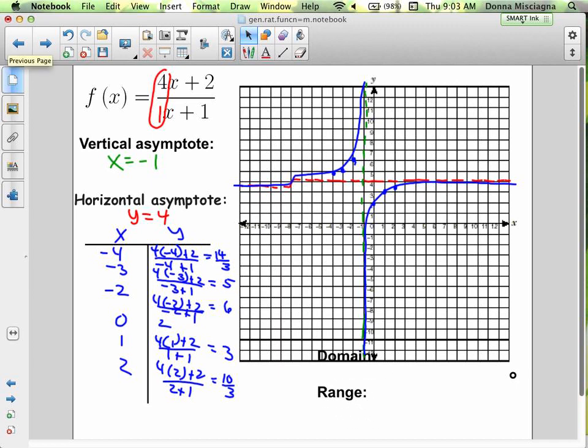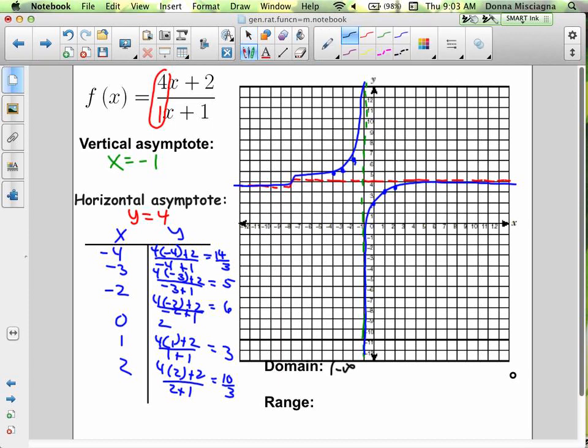And let's do domain and range. I'll move this over a little bit. Domain, orange 4. That would be negative infinity to negative 1, and negative 1 to infinity. And the range, yellow 4. What's the range? Where's the vertical asymptote?